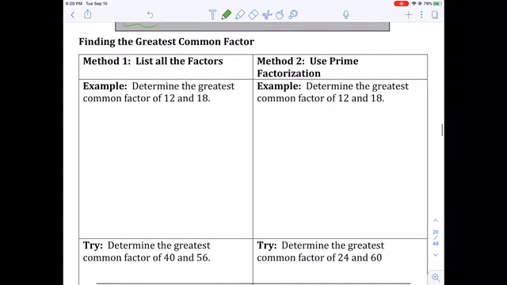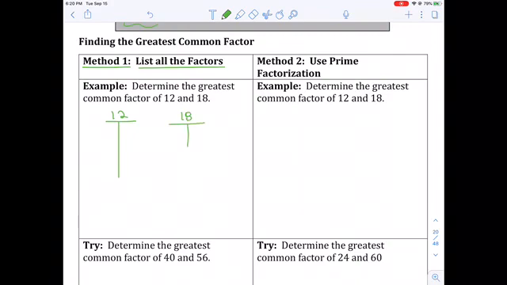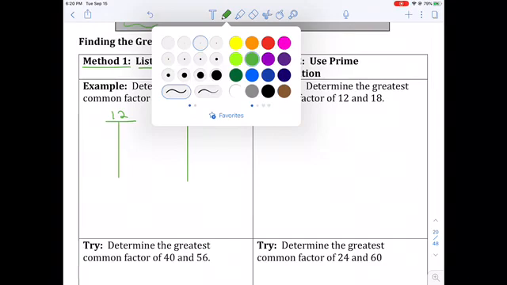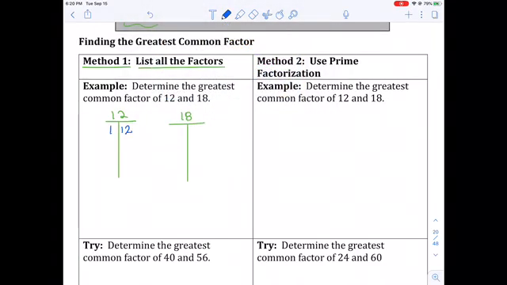One strategy, the first method here, is called listing all the factors. If I take 12 and 18 and list out my factors: 12 could be written as 1 times 12, so 1 and 12 are both factors of 12, then 2 and 6, and 3 and 4.